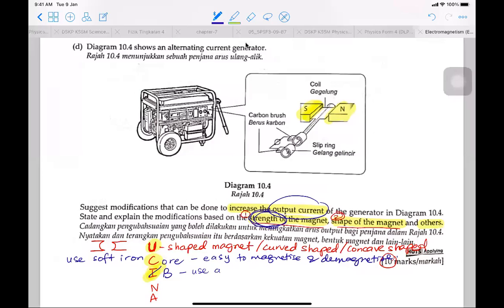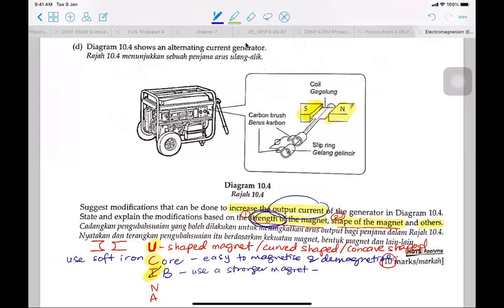Right, okay? And then what is the reason for us to use a stronger magnet? To increase the strength of magnetic field. Okay? So that is the reason.